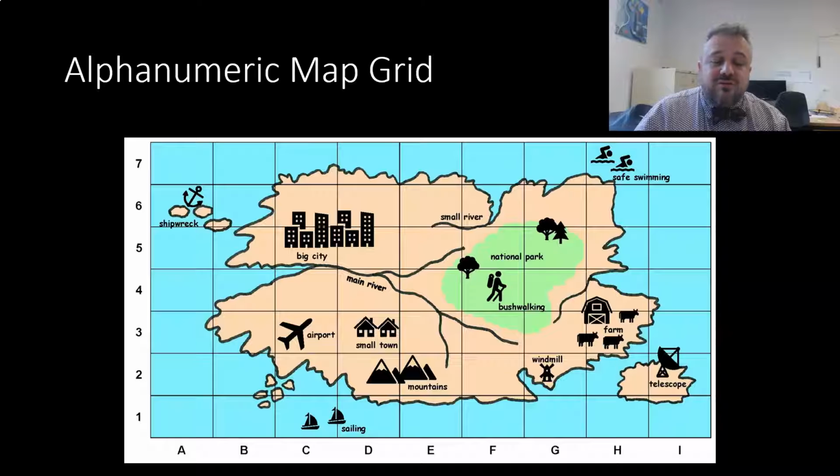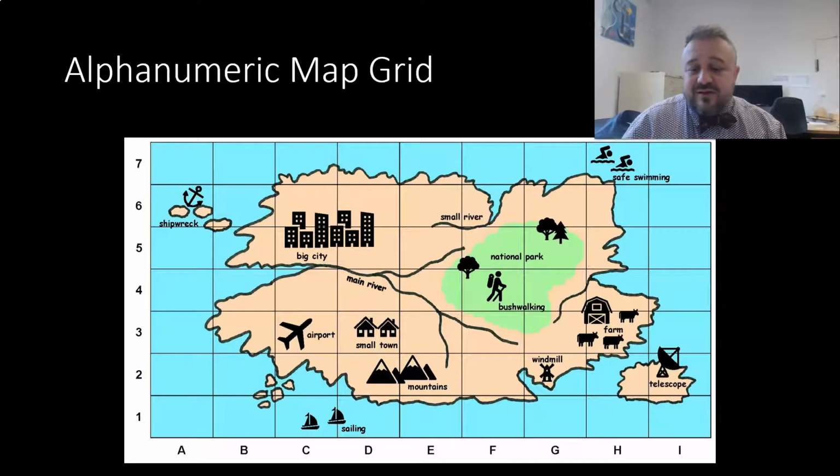Or if we were curious what was in a particular square, or quadrat, we could use the alphanumeric map grid to give us a guide on which part we're talking about, as opposed to getting the map out, leaning over a person, and showing them exactly which one we're talking about. So instead of going, this one right here, we could say A6, and you would know exactly where we're talking about. We'll tell you how that works in a second.